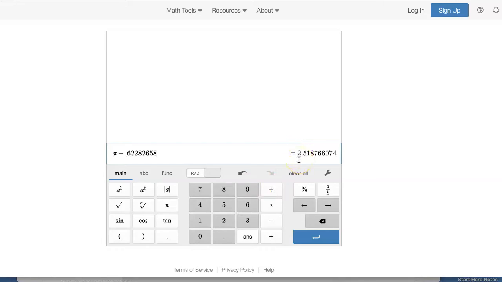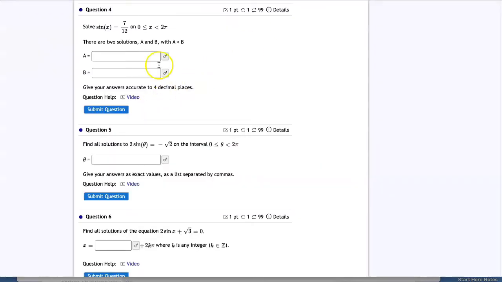So my other answer is 2.5188. And now we'll go back to my open math. And my two values are 0.6228 and 2.5188, just like I said.